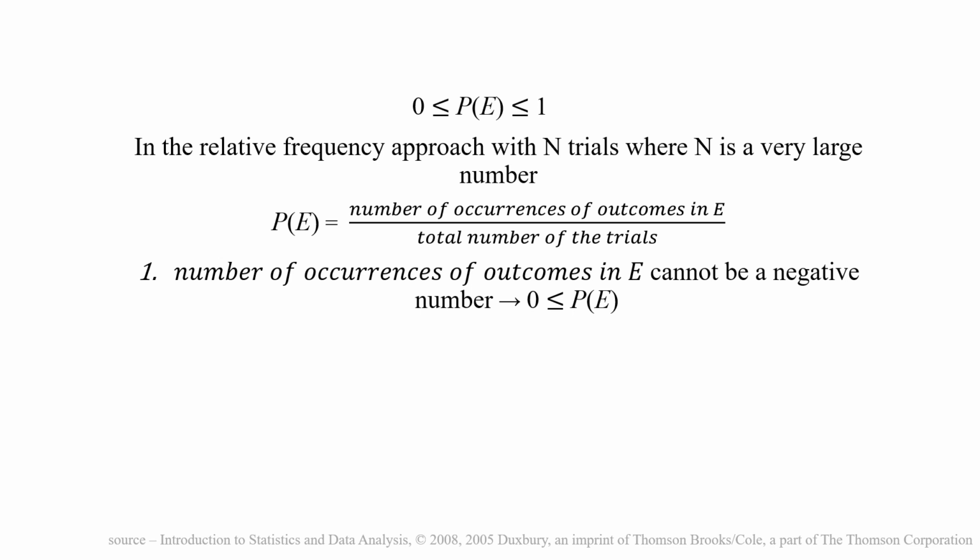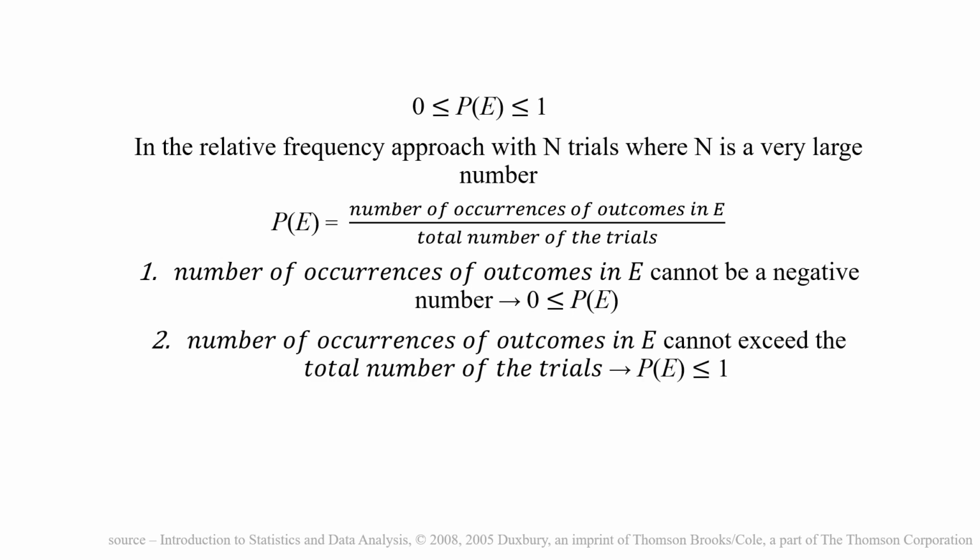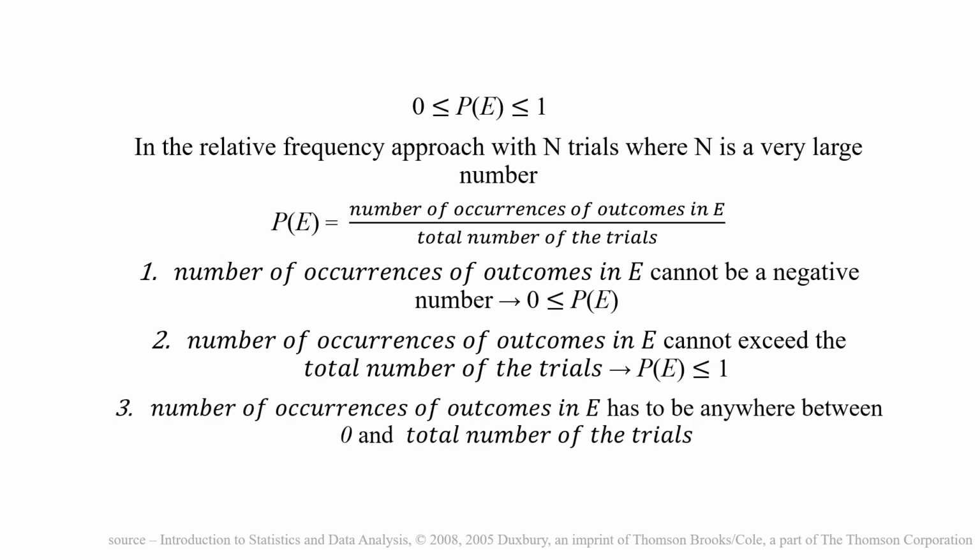Similarly, number of occurrences of outcomes in E cannot exceed the total number of trials, and hence the probability of E has to be a number that is less than or equal to 1. Hence, number of occurrences of outcomes in E has to be anywhere between 0 and the total number of trials. And thus, probability of E has to be a value that is greater than or equal to 0 and less than or equal to 1.